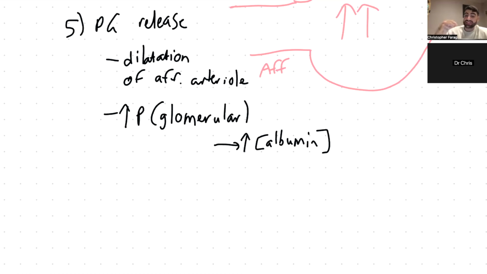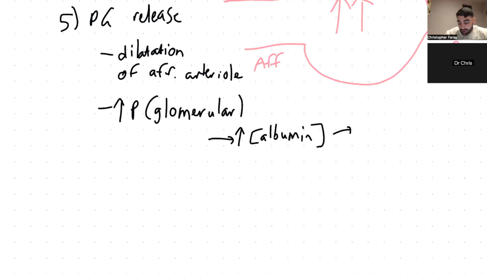Why this is good is because this would increase the plasma oncotic pressure. Now, what does this mean? This means because our albumin and our proteins are so concentrated, just by simple osmosis, it pulls the fluid out of the kidneys and into the systemic circulation, right?